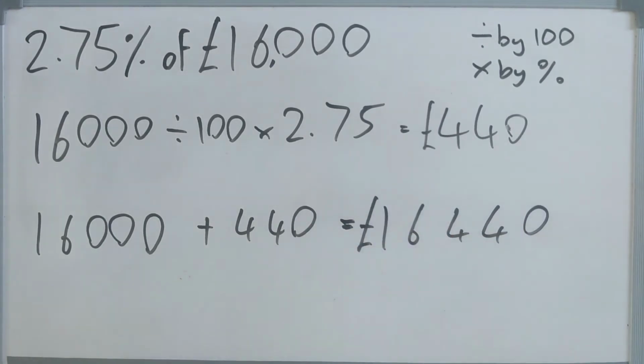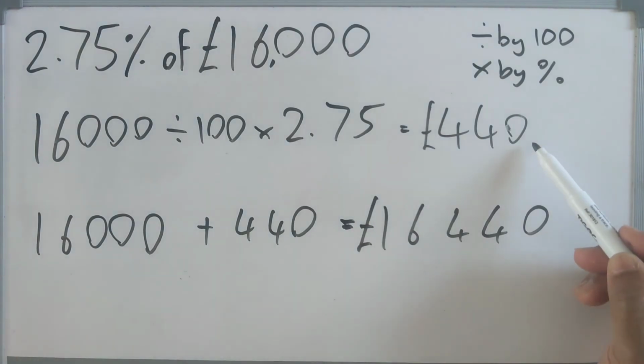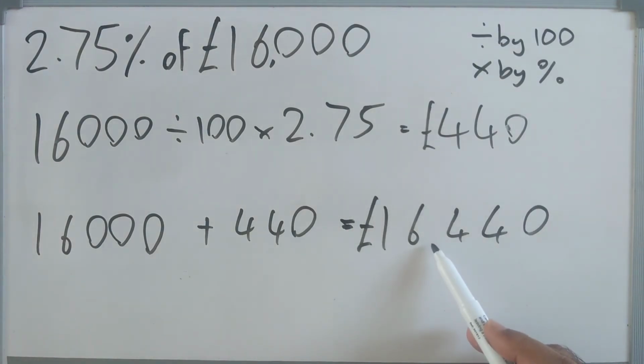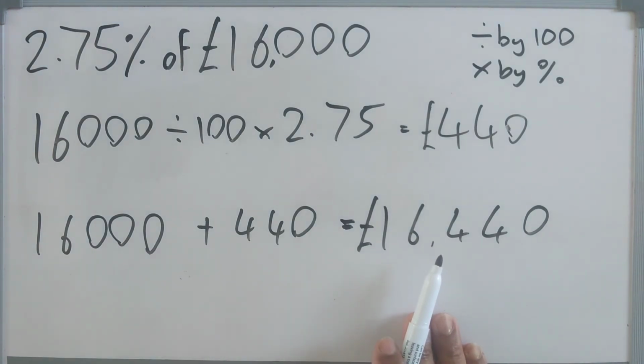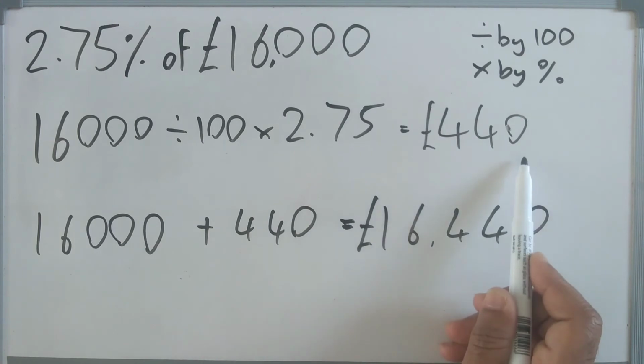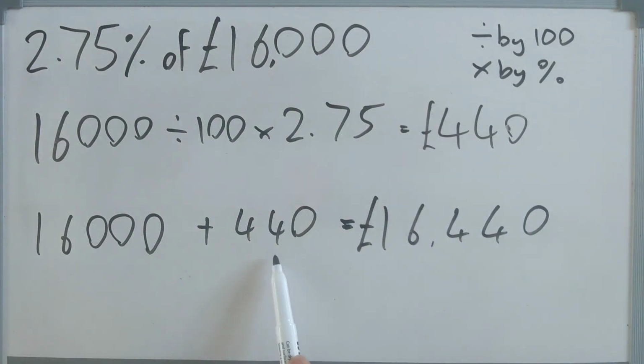Okay, so that's the increase and that's the new salary next year. So that's an example of a percentage increase. So if we ever need to work out a percentage increase, what we do is work out the percentage and then add that on to the original amount.